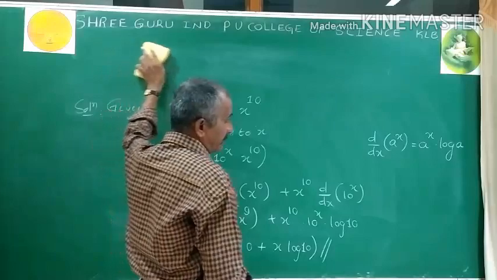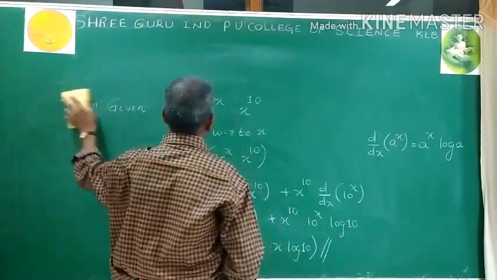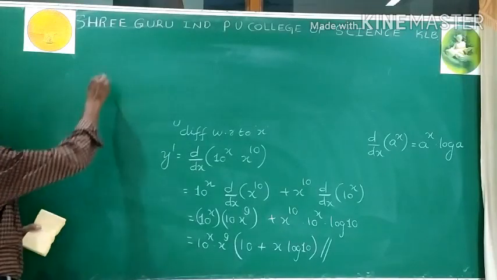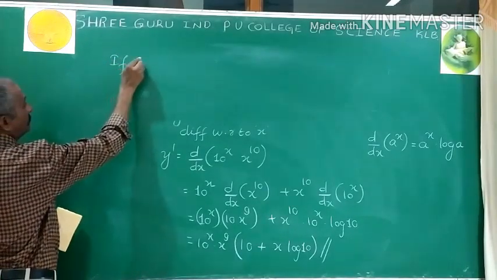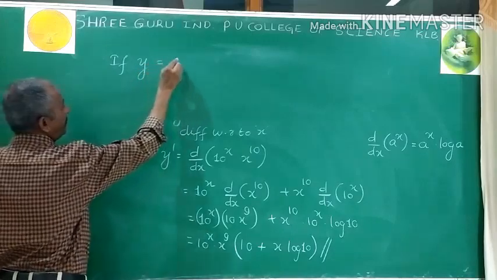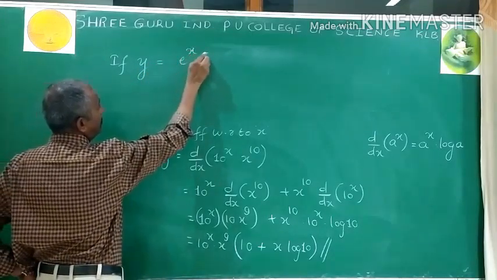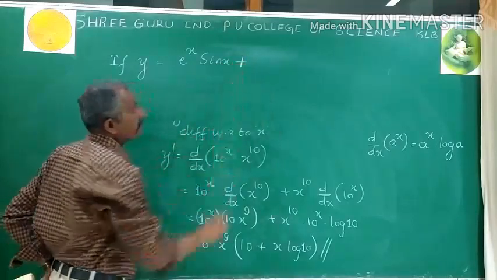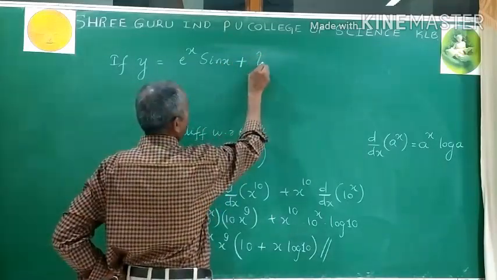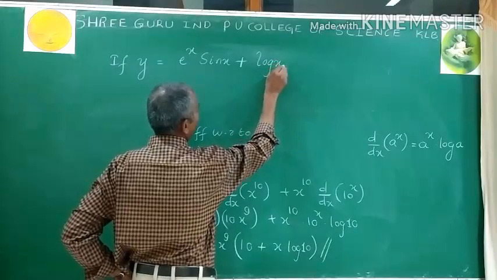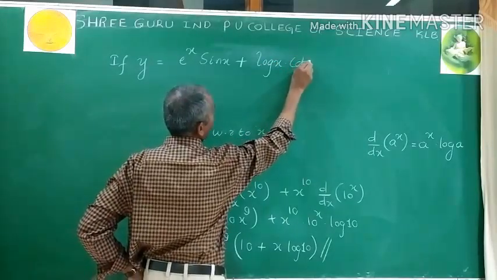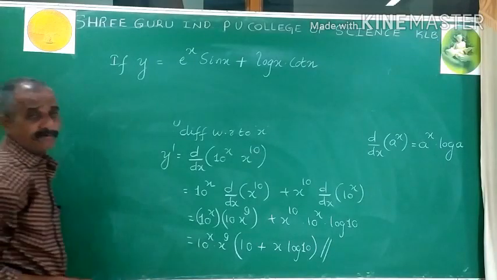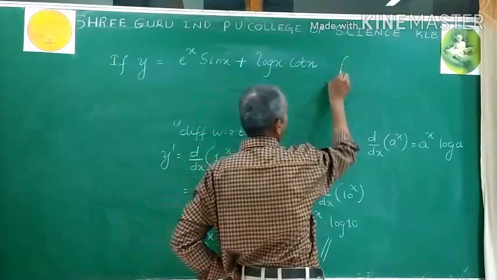So let's come to the next problem. If y equals e power x into sin x plus log x into cot x, then find dy by dx.